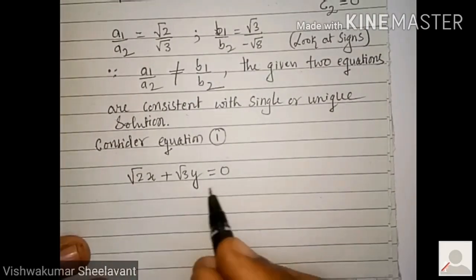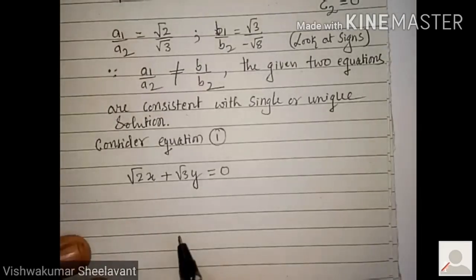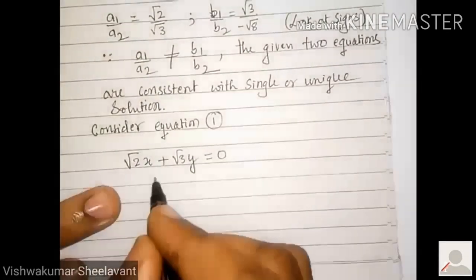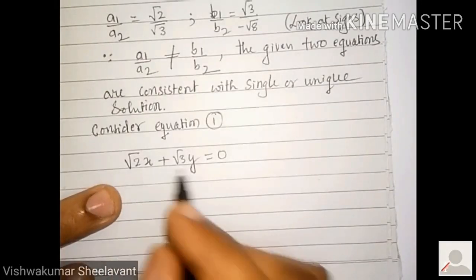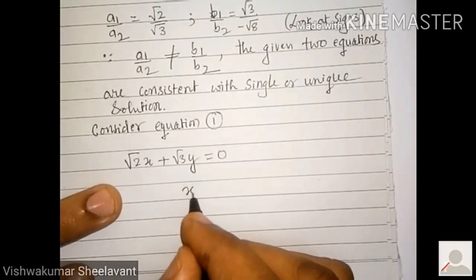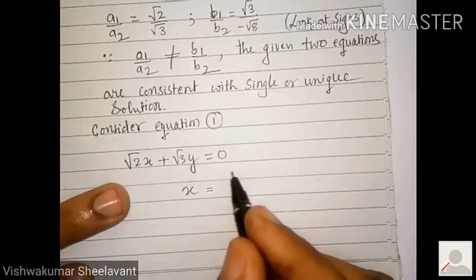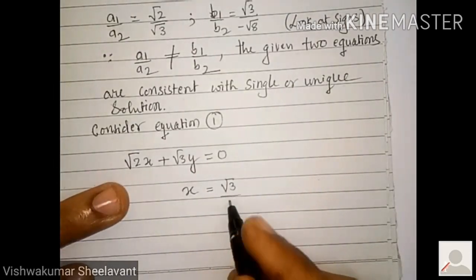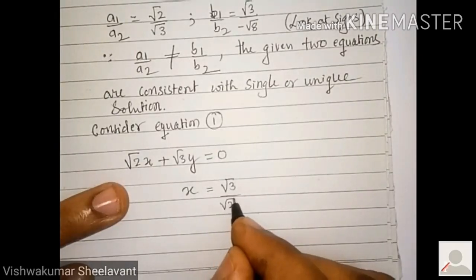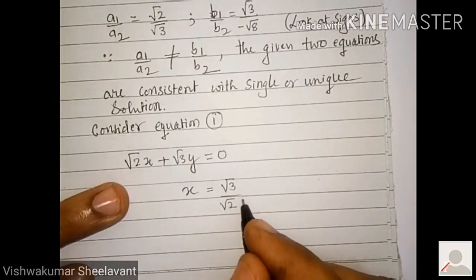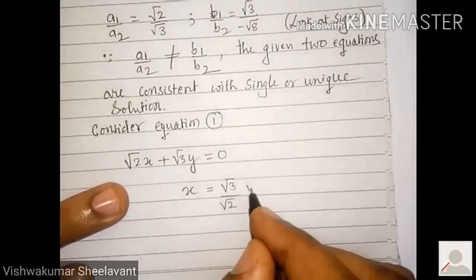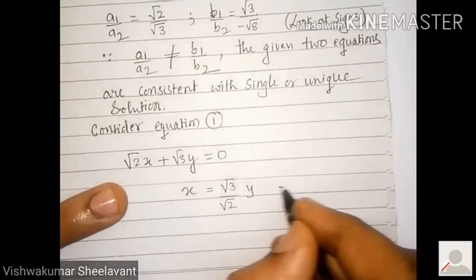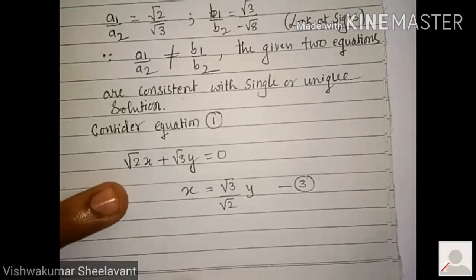Anything you can take. There is no rule that you have to take x or y. So I will simplify here for x. x equal to root 3 by root 2 into y. Call this equation 3.